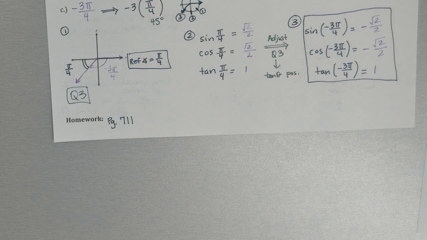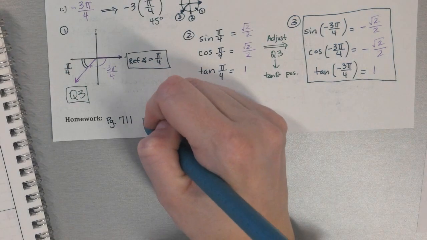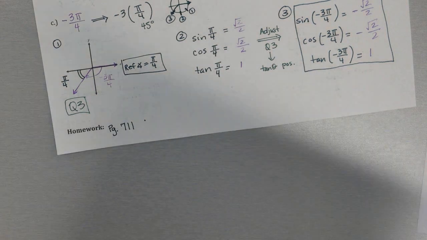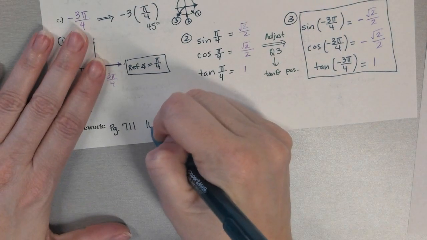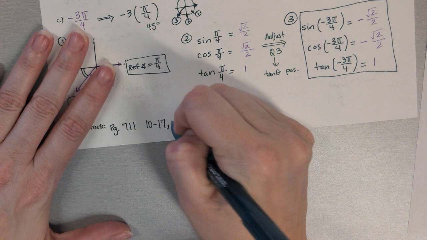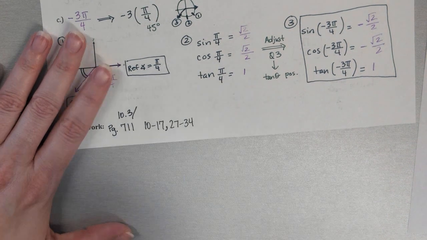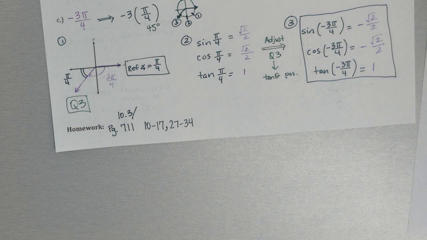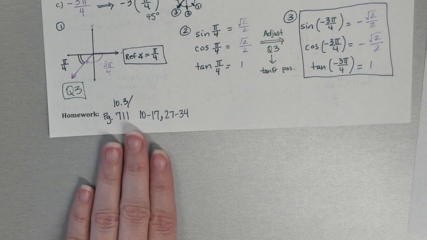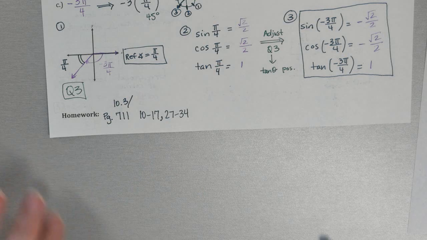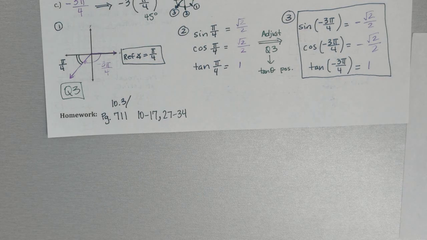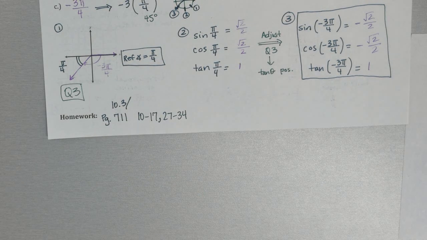If you're worried because you have a green match sheet, this is 10 through 17 and 27 through 34. And remember, some of them are as simple as finding the x coordinate on the unit circle or finding the y coordinate on the unit circle. Okay? So you guys can start that right now.